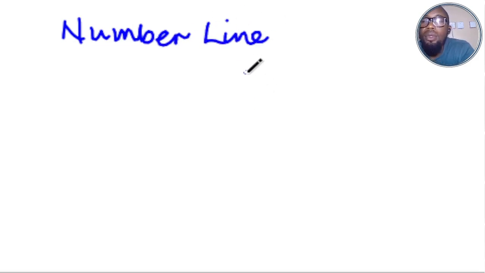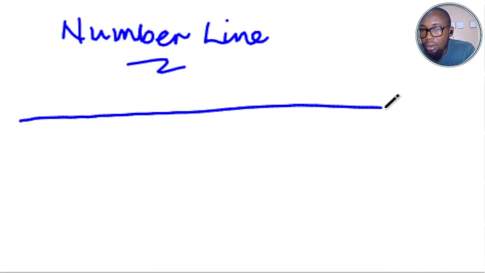mastering your number line. The number line, for some of us, we know what a number line is. This is what we call a number line.